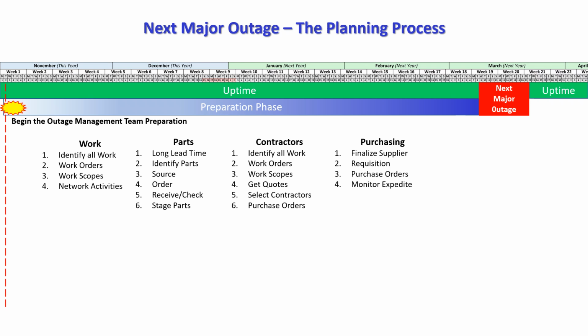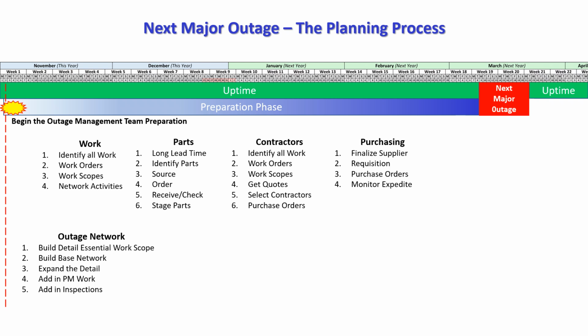Of course, our primary objective is to generate the network activities and the critical path network itself, in which case we have to start by building the detailed essential work scope. Then we can build the base network, which will give us our outage duration.